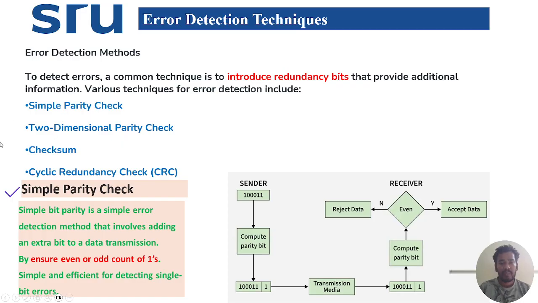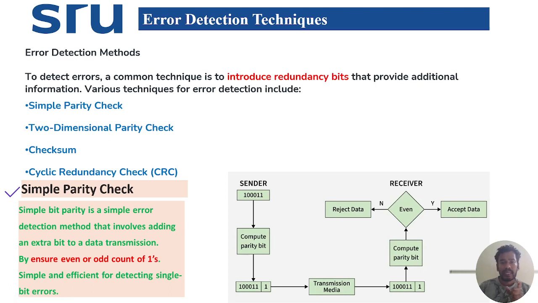For example, here from the sender side, there are 8 bits of data. From those 8 bits, we need to count how many ones appear. Here we count 1, 2, 3. Three ones appear in the data, which means this is an odd number.